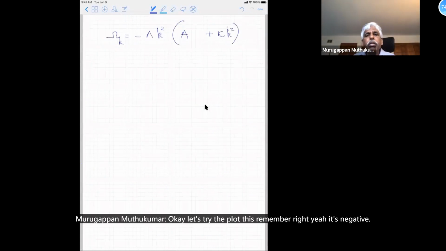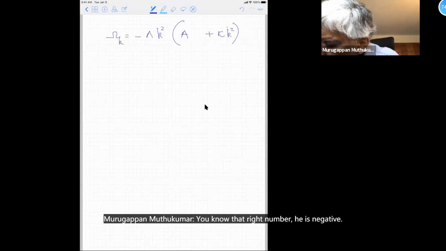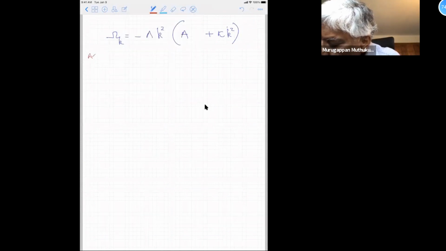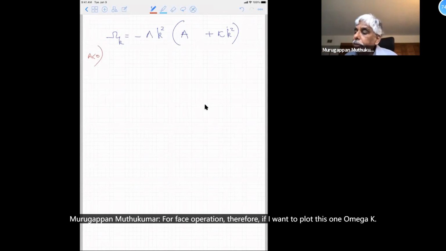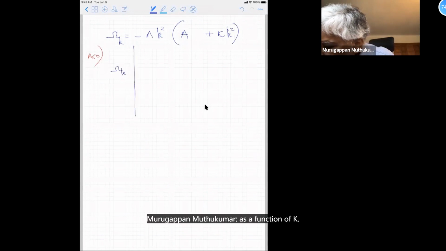Okay, let's try to plot this. Remember, a is negative for phase separation. So I plot omega k as a function of k.